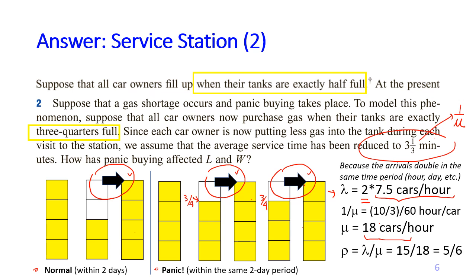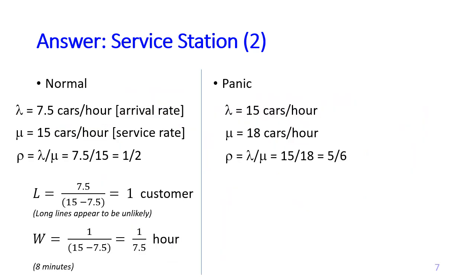Now we have the new rho, which is 5 over 6. Here are the lambda, mu, and rho for the normal condition, and these are the values for lambda, mu, and rho in the panic buying condition.